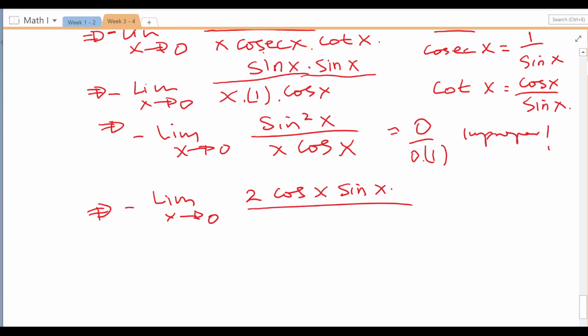For x cos x, you need to apply the product rule. The derivative of x is 1 times cos x, plus the derivative of cos x, which is negative sin x, times x.